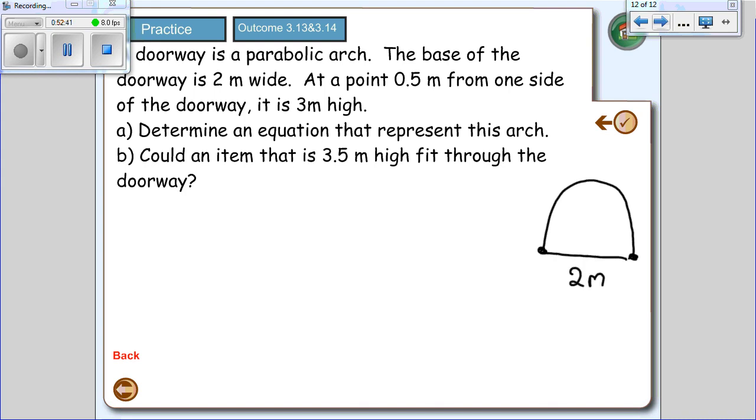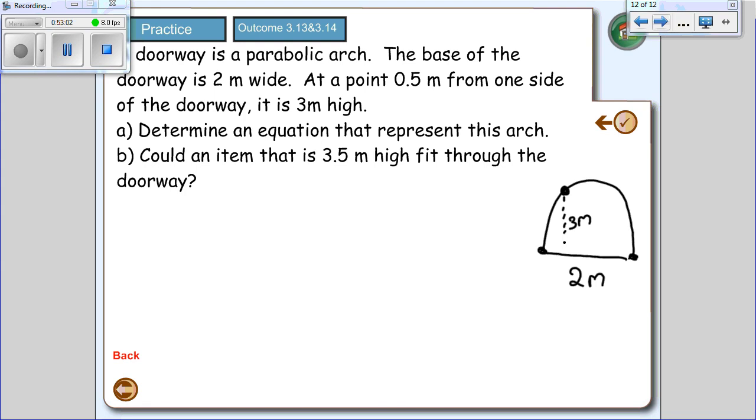That's why drawing is so useful. Here's an arc door. 0.5 meters in, it's 3 meters high. I get that it is confusing.